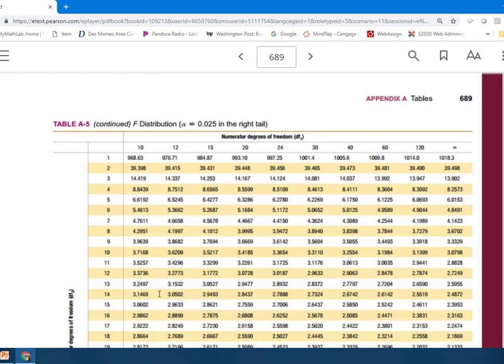So our critical values are going to be between 0.31469 and 0.30502. So that's how they get those. So we use the 14 column, and then we need to use right in between here. So that's how we get those two numbers.